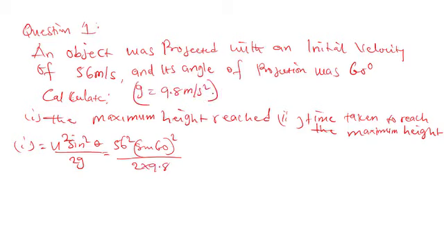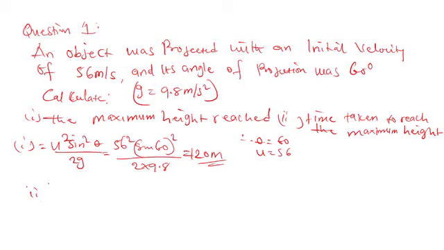That's acceleration due to gravity. So from here we have theta equal to 60 and u equals 56. So this will give us 120 meters. That is the maximum height.